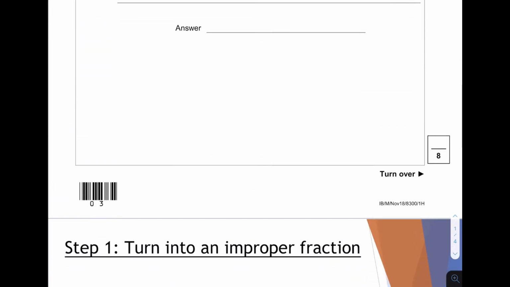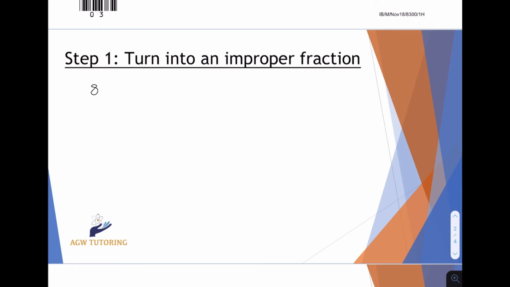So, firstly, we're going to convert 8 1/2 into an improper fraction. The way we do this is we times the denominator by the whole number and then add on the numerator. So, in this example, we've got 2 and 8.